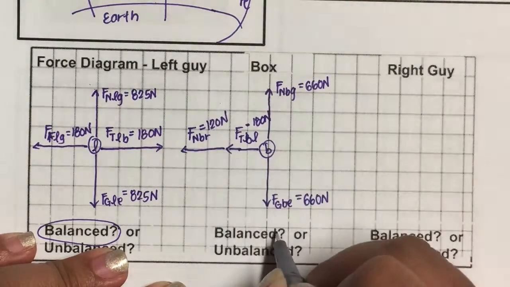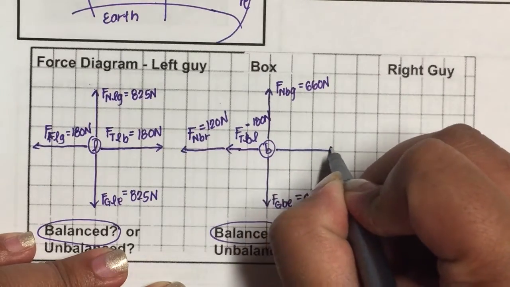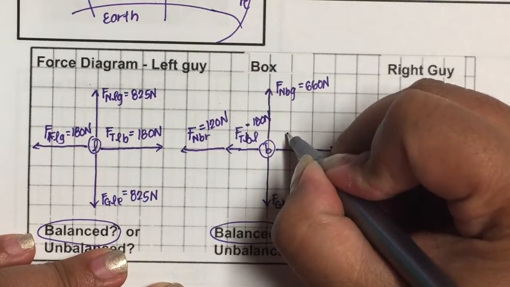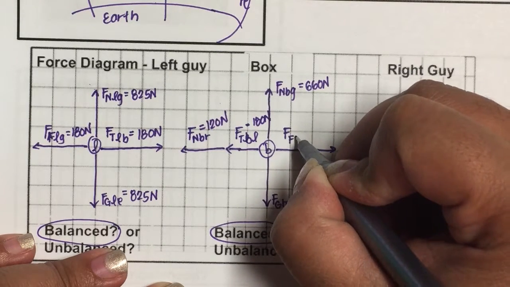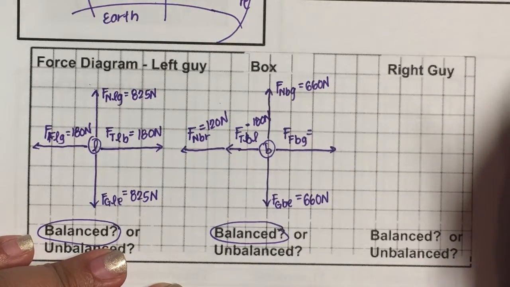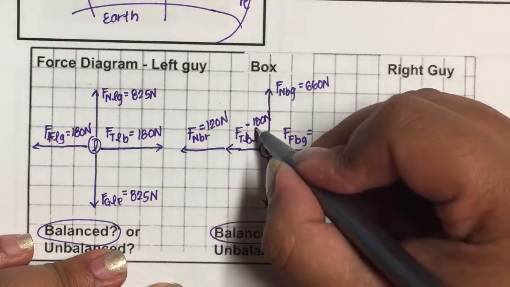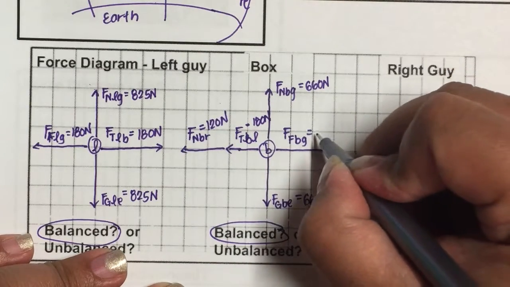And because we know it is a balanced force, then it is moving in this direction. Force of friction is acting on the box by the ground at 180 plus 120, which is going to be 300 newtons.